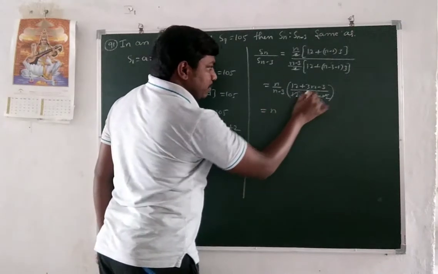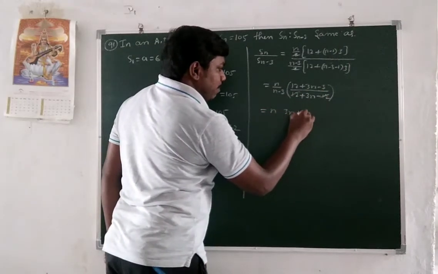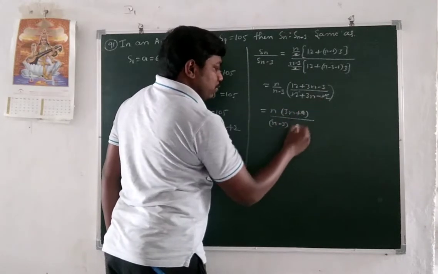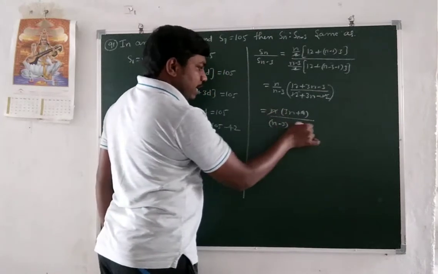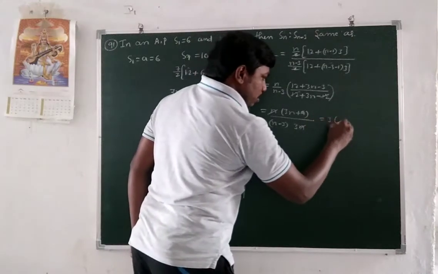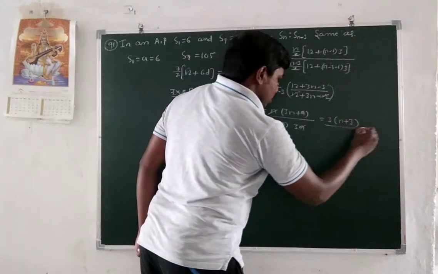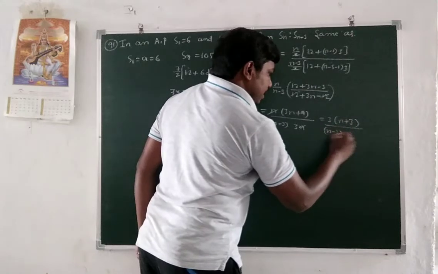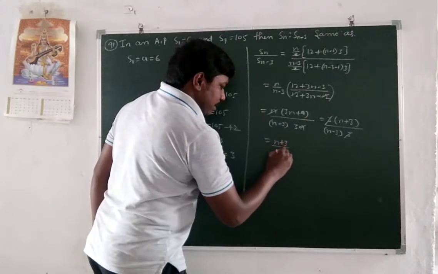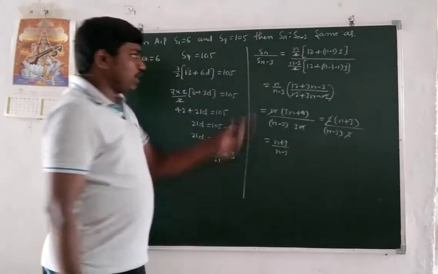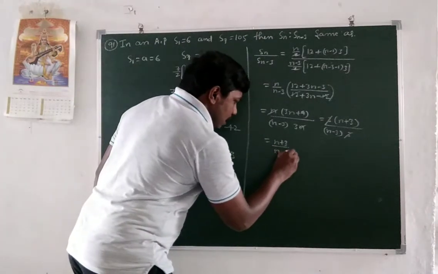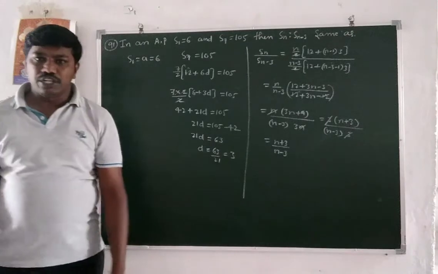So n into 3n plus 9, divided by n minus 3 into 3n. So n gets cancelled. In the numerator take 3 common: 3 into n plus 3, divided by n minus 3 into 3. 3 again cancels. So the ratio of Sn and Sn minus 3 is n plus 3 is to n minus 3.